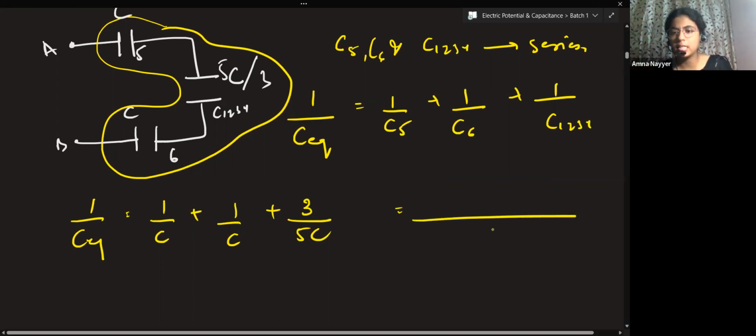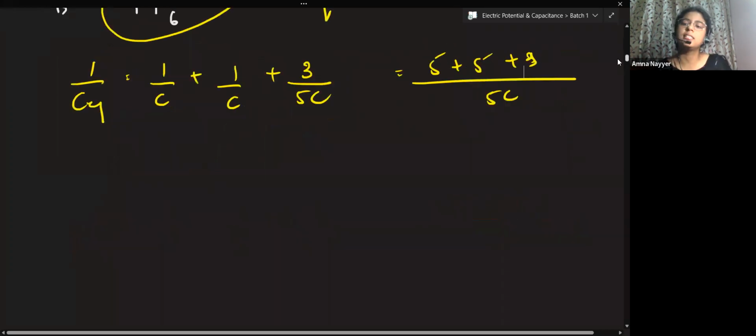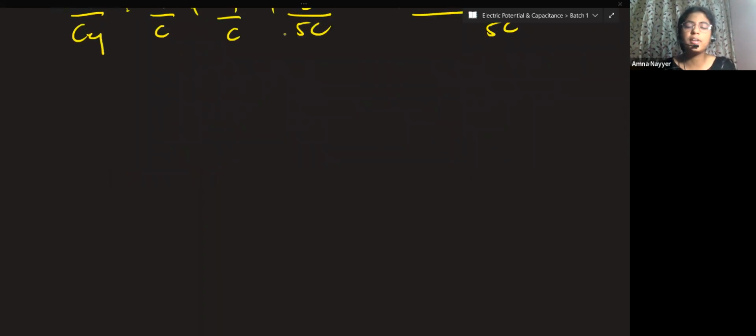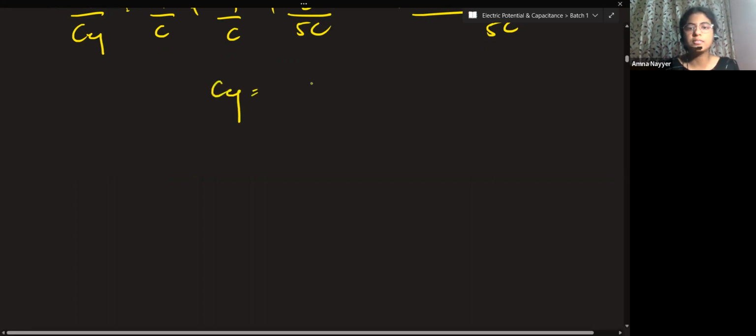If I take the LCM as 5C, I have to multiply this by 5, plus multiply this by 5, plus 3. 5 plus 5 is 10, 10 plus 3 is 13. So C equivalent is 5C by 13. Correct, Khalid. So C equivalent will be 5C divided by 13, this much farad.